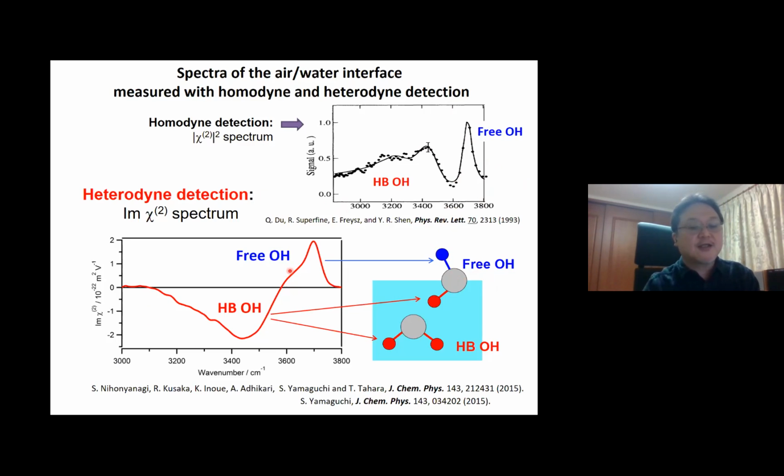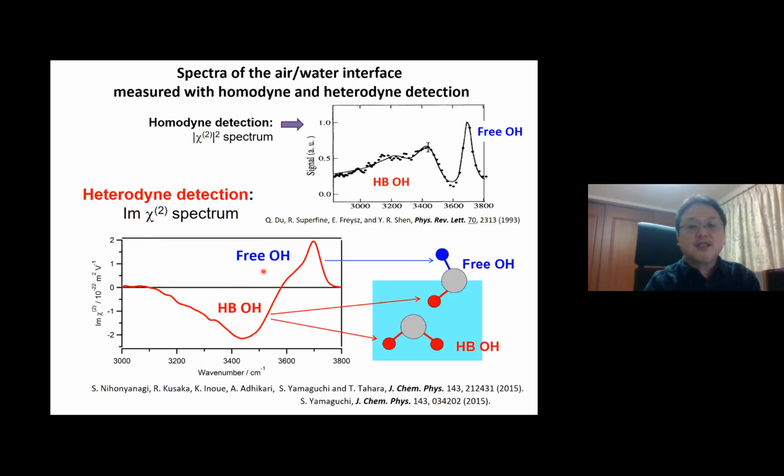And this is a typical spectrum obtained with heterodyne detection, which is the imaginary chi2 spectrum. In this case, spectral distortion does not exist, and in addition, the imaginary chi2 spectrum has sign information.